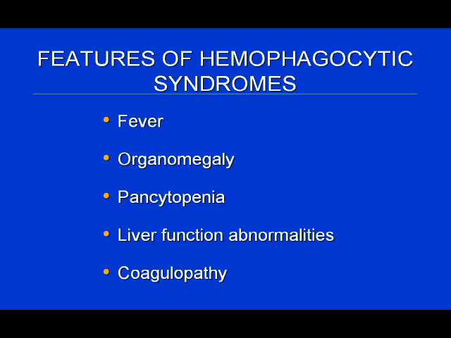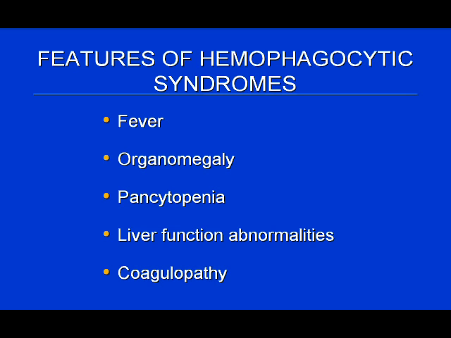What are the features of the hemophagocytic syndromes? Well, they're pretty much the same in both, at least many of the manifestations are the same in both the familial and the acquired or the infection-related hemophagocytic syndrome. Patients have fever, sometimes high fever, and it's persistent.